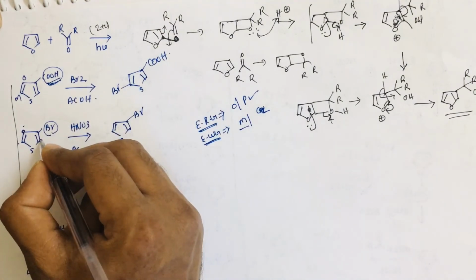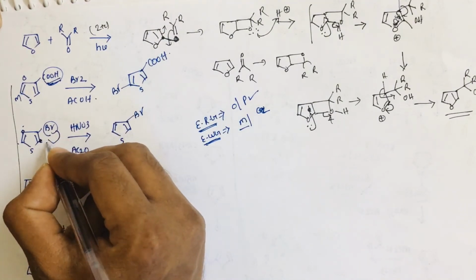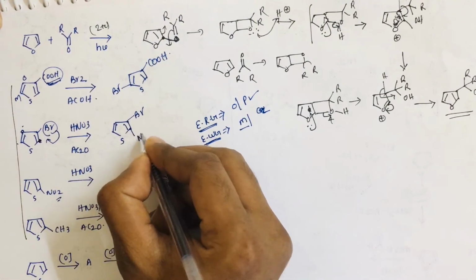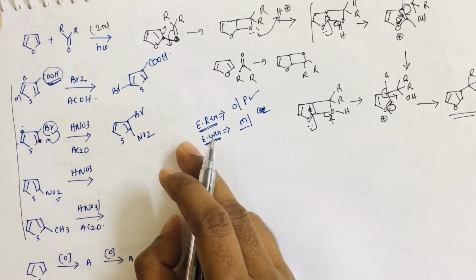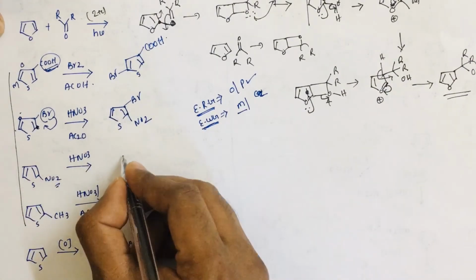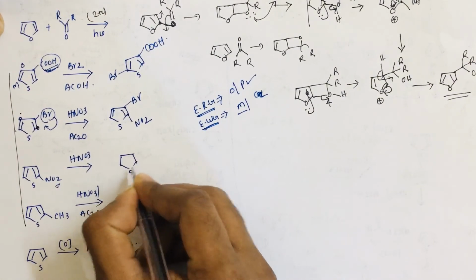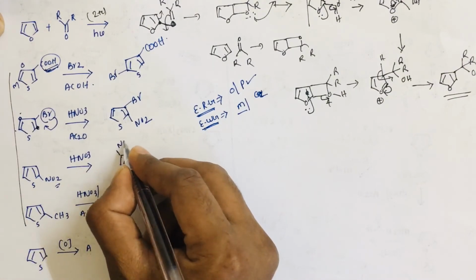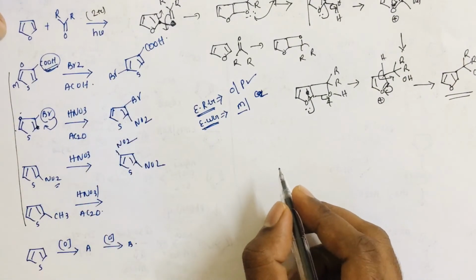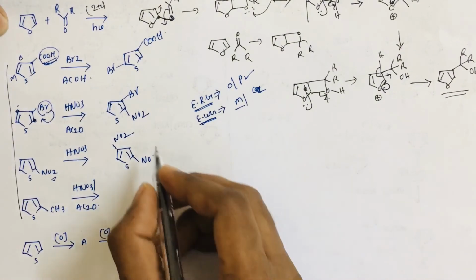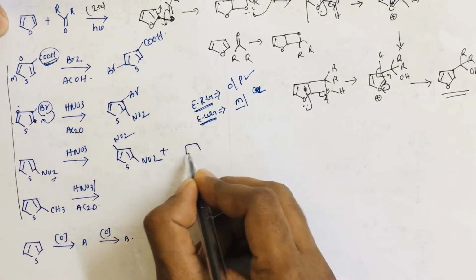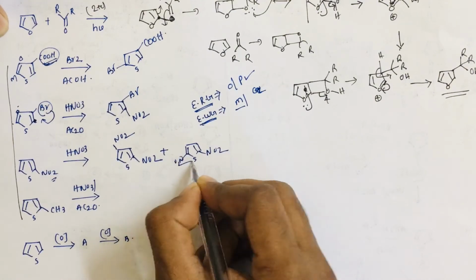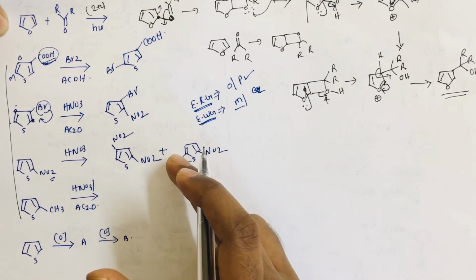Since this position is electron rich and also close to bromine, and bromine provides extra electron density, because of that the electrophile goes to the second position, and here the electrophile goes to the meta position, because NO2 is an electron withdrawing group, it goes to the meta position. So this is the major product, and this is the minor product, but the major product is a meta substituted compound.